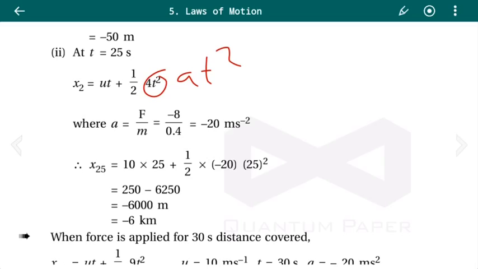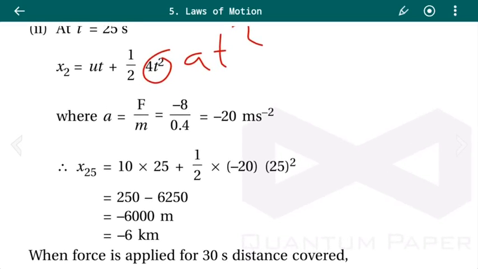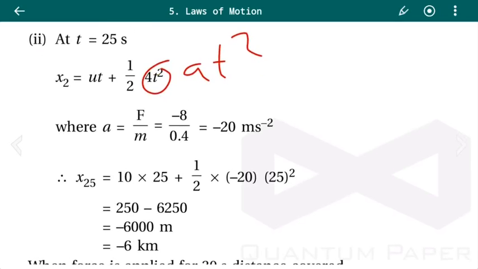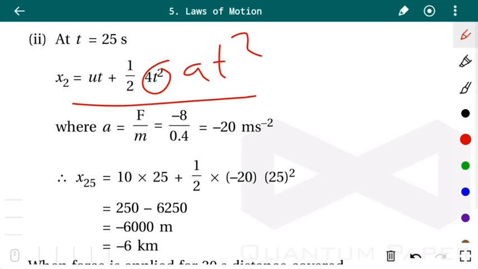Here minus 8 is taken because south direction is taken as negative. Mass is 0.4, so acceleration value is minus 20 meter per second square. So now the position at 25 second will be, using the same equation, ut plus half at square, that is 10 into 25 plus half into acceleration, here minus 20, into t square, that is 25 square. When we calculate this, we get minus 600 meter, which is equal to minus 6 kilometer.